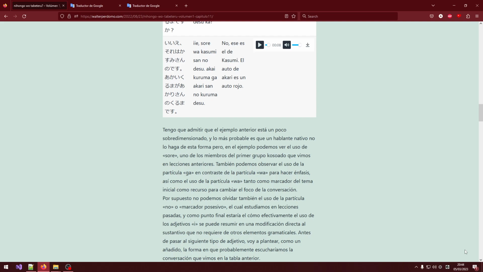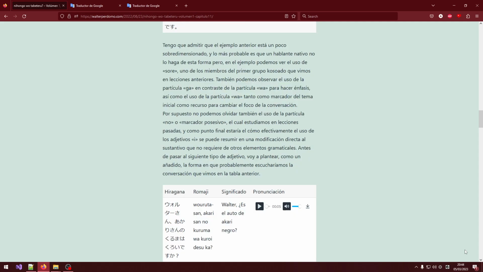So as an extra bonus, here is how we would probably hear this sentence in real life. ウォルターさん、あかりさんの車は黒いですか？ Yes, we can actually use adjectives with ですか. ウォルターさん、あかりさんの車は黒いですか？ So, Walter, is Akari's car black?